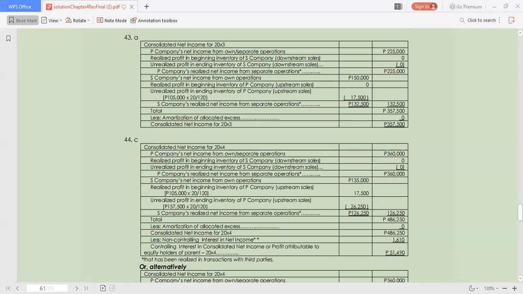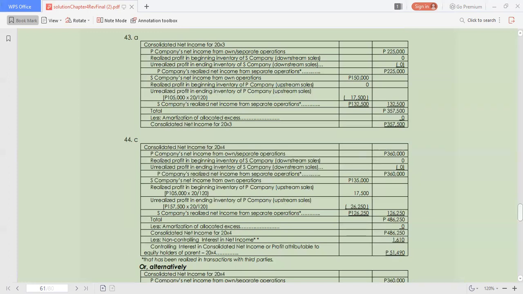So we now have the realized profit in the beginning inventory of 17,500, and we deduct the unrealized profit in the ending inventory of P. The ending inventory of P in 20x4 is 157,500, and now we multiply it by 20 over 120, we get 26,250.